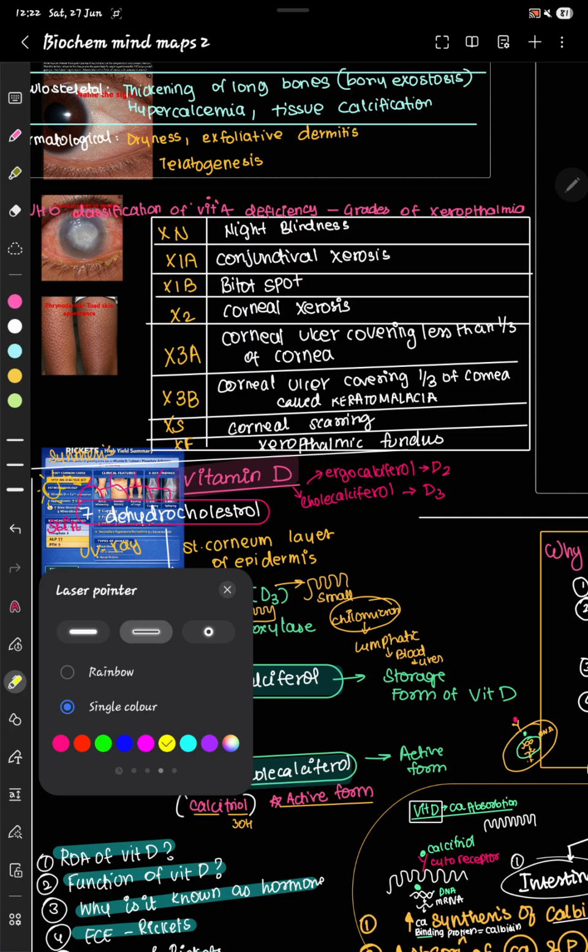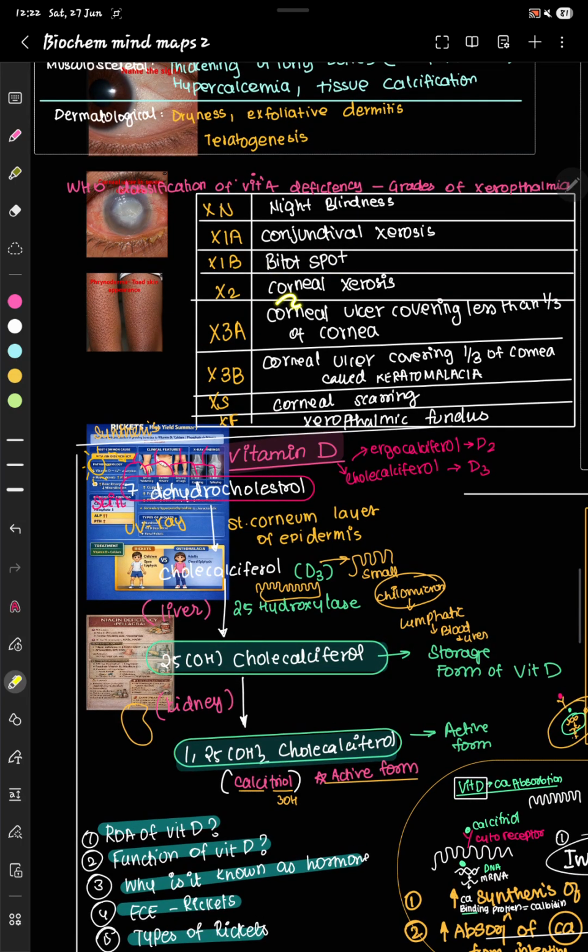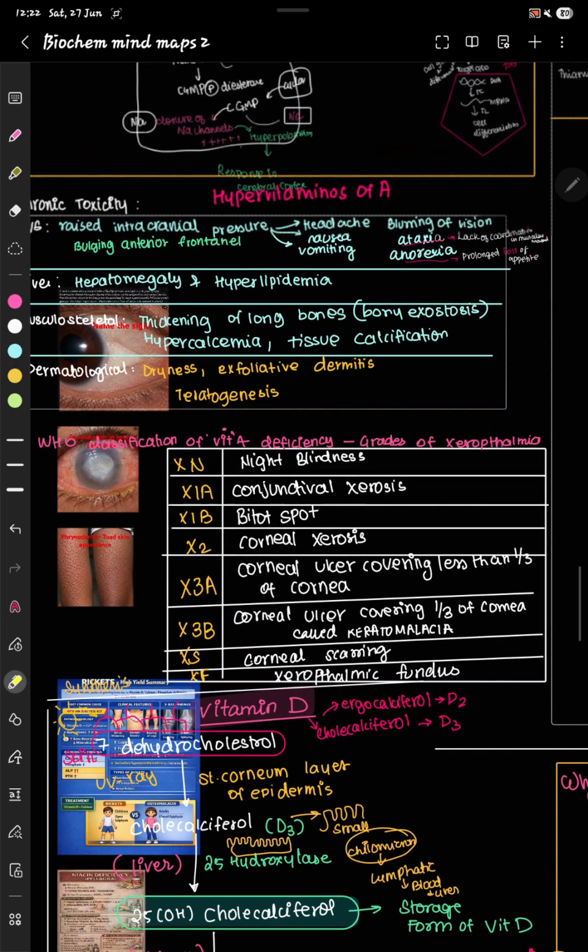Night blindness, then conjunctival xerosis, Bitot spot, corneal xerosis, corneal ulceration covering less than 1/3 of the cornea, corneal scarring, and xerophthalmic fundus. These are the grades into which vitamin A deficiency is classified.